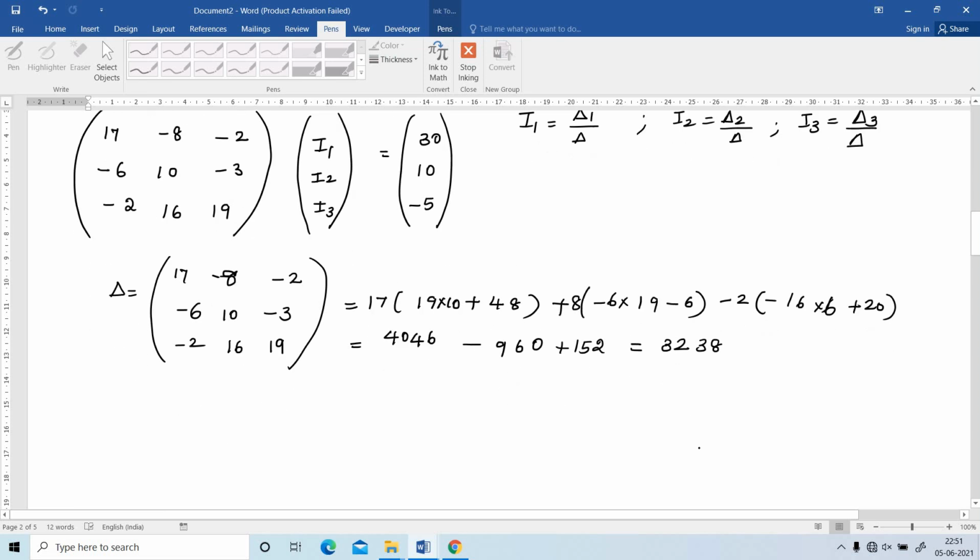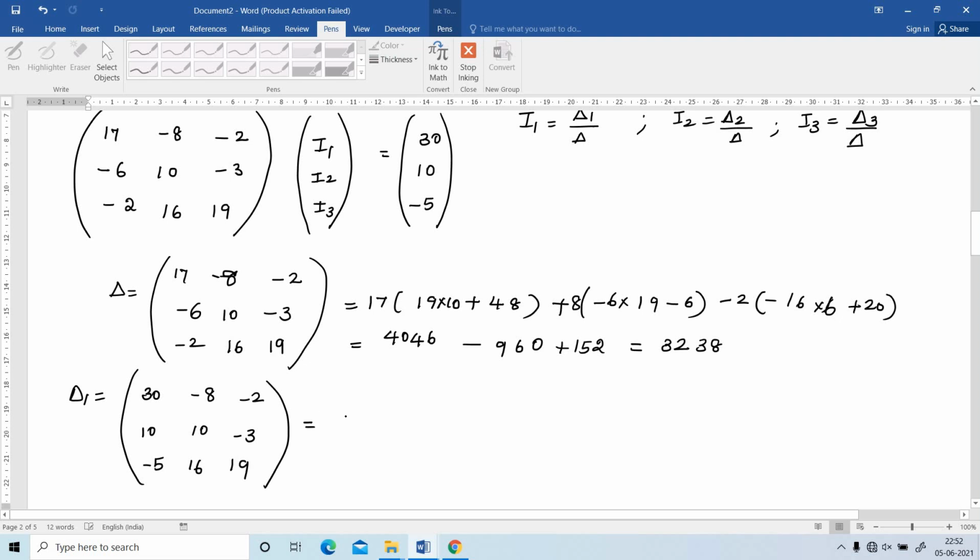Next find out delta 1. How to find out delta 1 in a similar manner? The first column elements are replaced by 30, 10 and minus 5. Remaining, there is no change in the elements: minus 8, 10, 16, minus 2, minus 3 and 19.